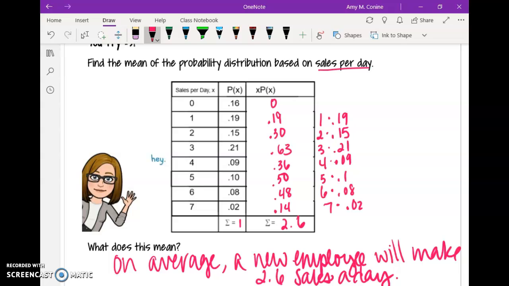That's all that means. So when you have your average and you're finding it, when you interpret it, take a look at what they're asking for. So if they're talking about sales per day, so on average, their new employees are making an average of those sales per day.